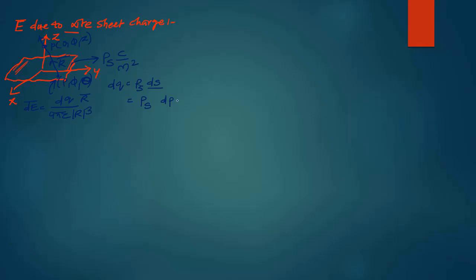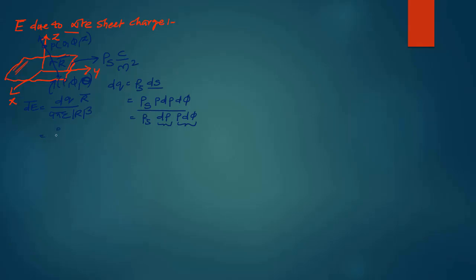You will get rho d phi. Not only d phi, you will get rho d phi. For your convenience, d rho is one differential length, rho d phi is another differential length. If you multiply these two, you will get the differential area. That is what I have written here. So dq is equal to this expression we have to use.